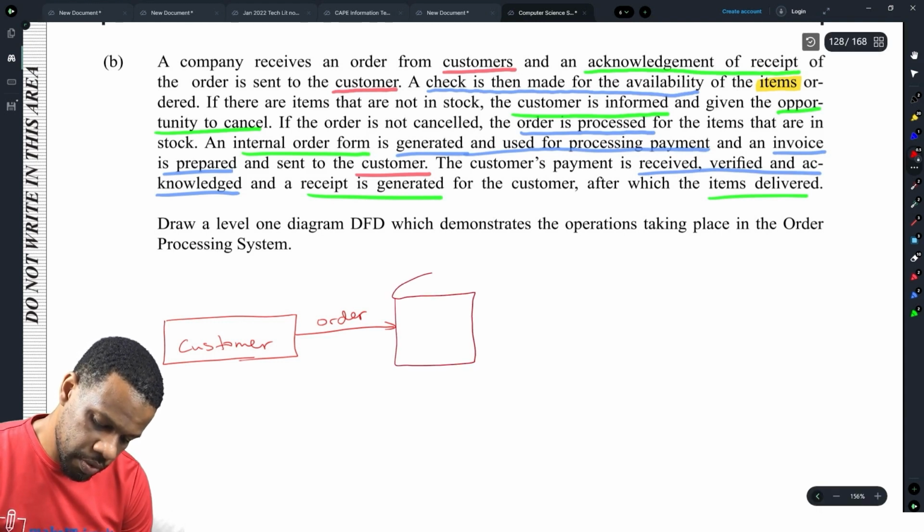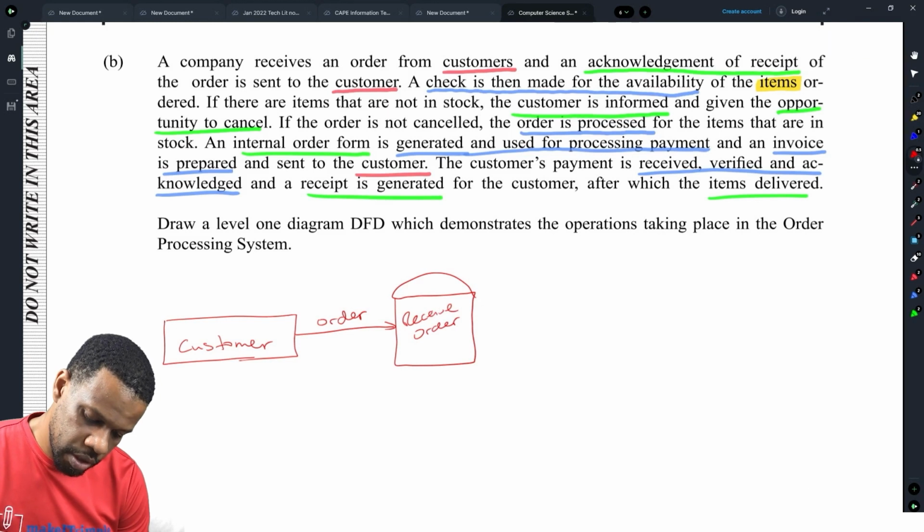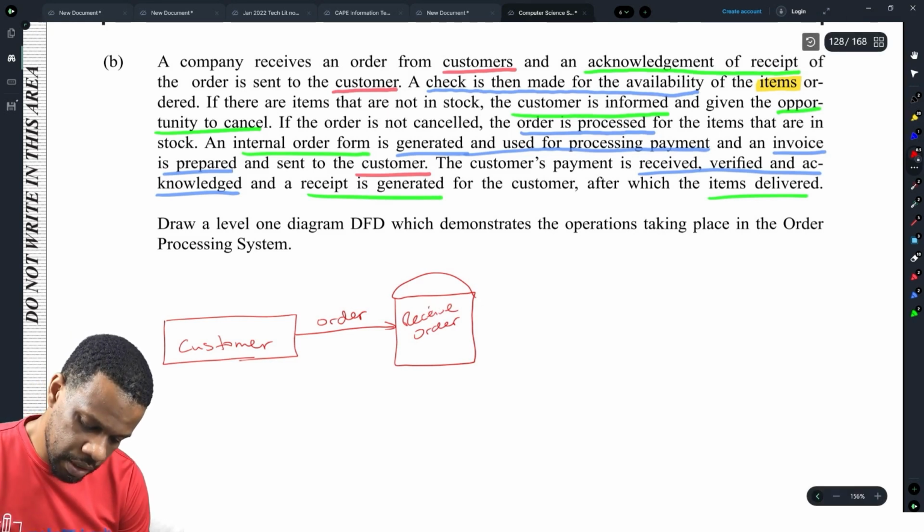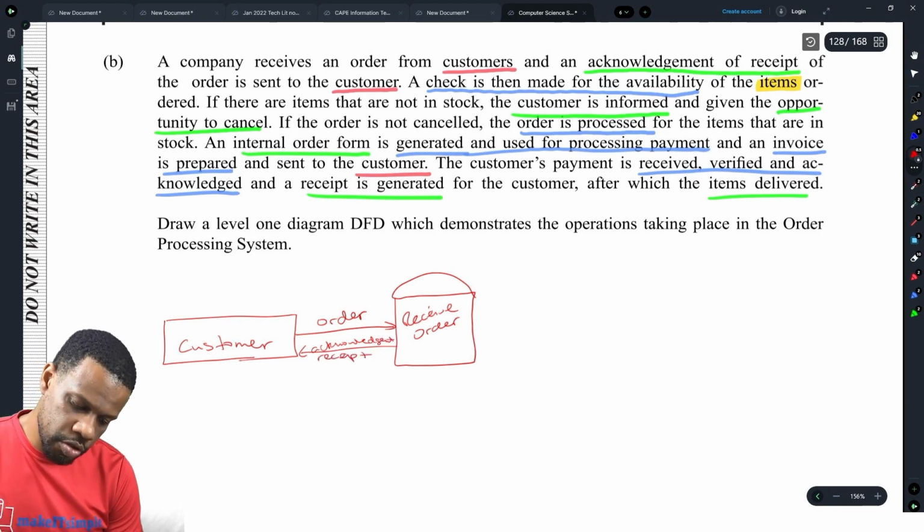So we'll name this process receive order. I before E except after C, right? Receive order. We receive the order, we send the acknowledgement receipt. The actual acknowledgement receipt goes to the customer.